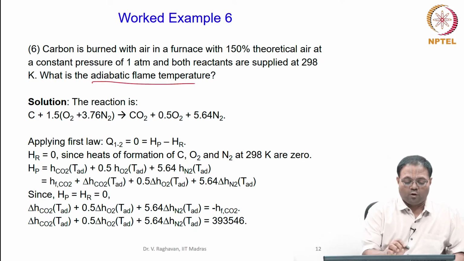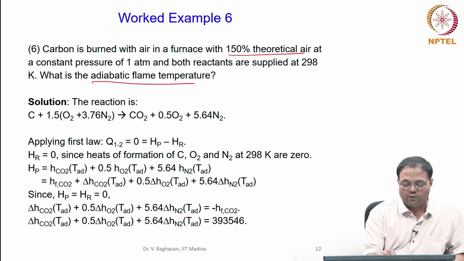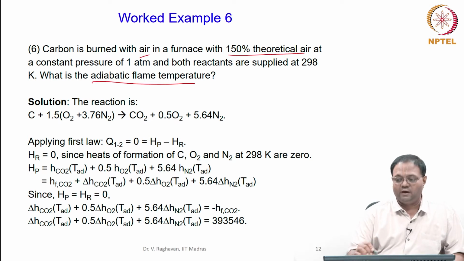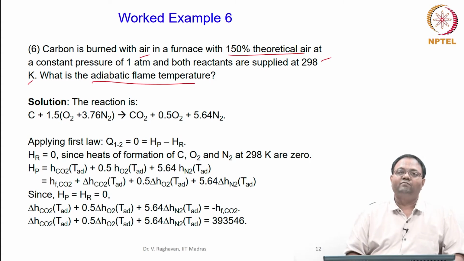Okay. So carbon is burned with air with 150% theoretical air, constant pressure of 1 atmosphere. Initially the reactants are at 298 Kelvin, and what is the adiabatic flame temperature?